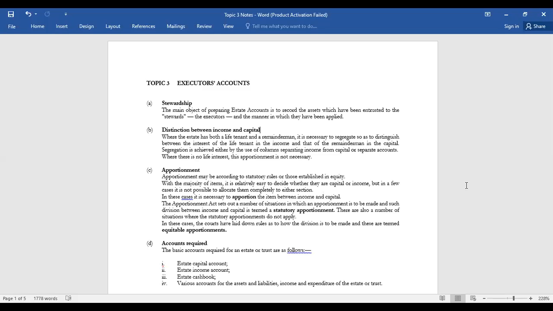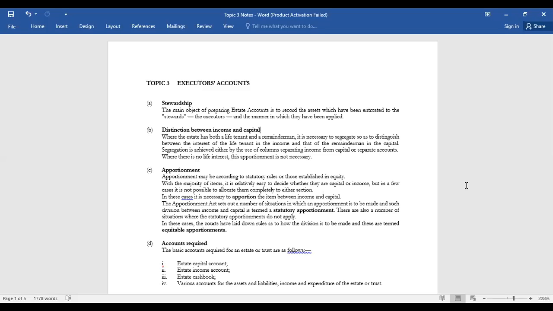And this is where the remainder man will take their mandate. So segregation is achieved either by separating the accounts, or preparing them separately, or we use columns to split. And I would encourage people to be using columns because it's easier.